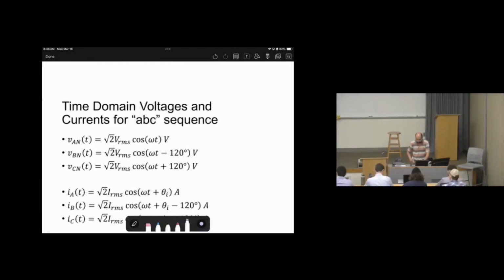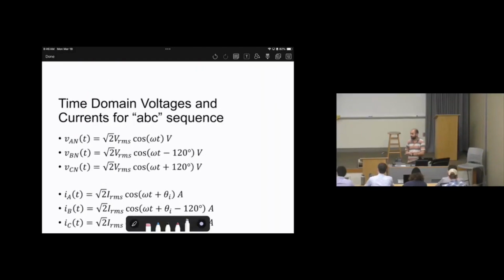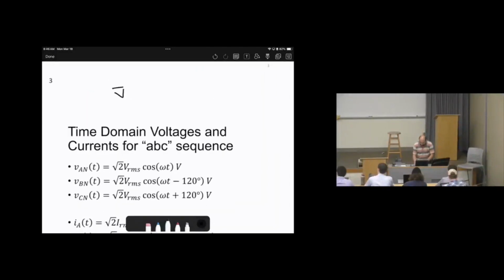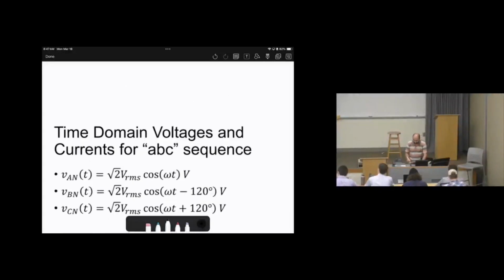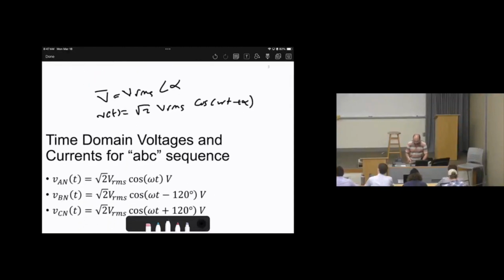Now, how can we convert this to time domain expression? We know for time domain expression, for example in single phase, V is V RMS angle alpha. So we used to say v(t) equals square root of 2 V RMS cosine(omega t plus alpha), right? That's what we used to do in single phase.